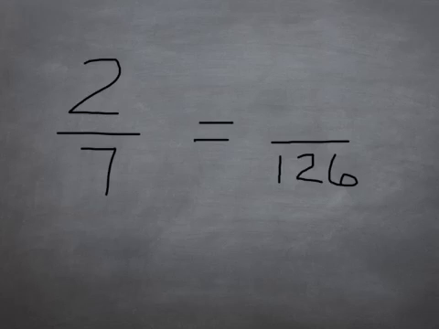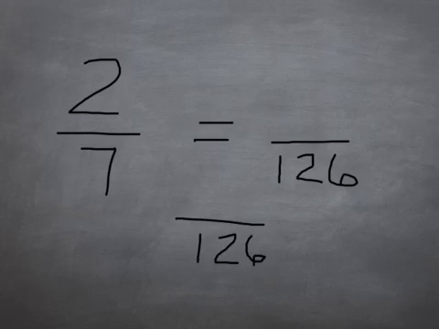We need to see how many times 7 goes into 126. In order to do this, you would need to divide. So in order to figure out what number to multiply your reduced fraction by, you must divide the denominators. When you do this division, you get 18.